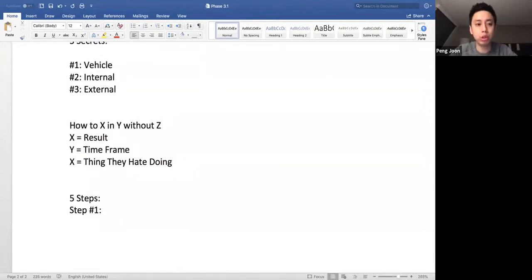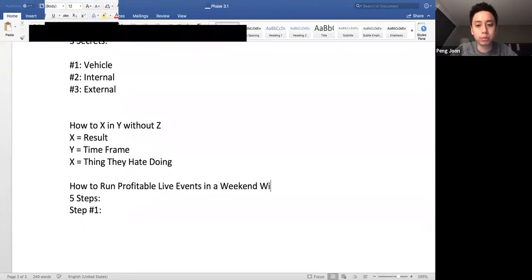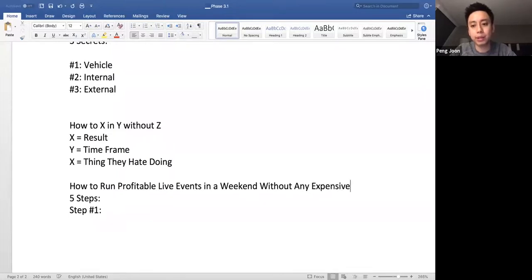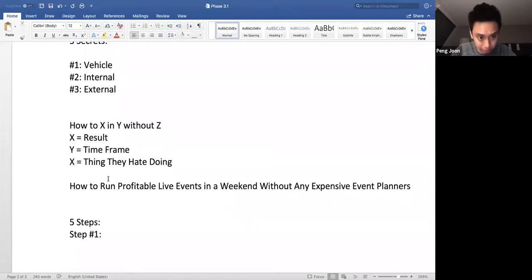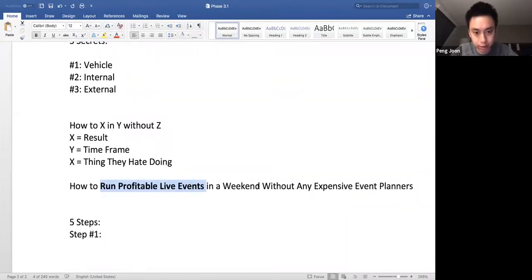If I were to use this formula, it would be how to run profitable live events in a weekend without any expensive event planners. This is the typical how to X in Y without Z.